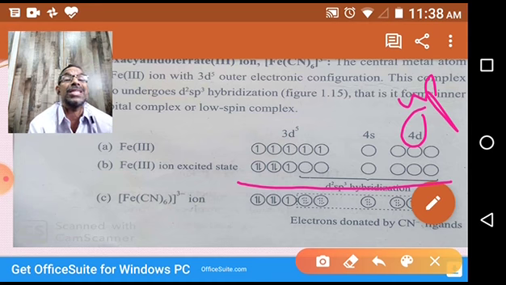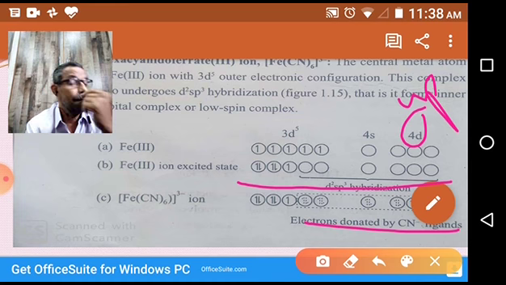This is the coordination number. That's why we call the coordination number 6. The number of secondary valencies is nothing but the coordination number of that complex in coordination compounds. So the 6 orbitals gain 6 electron pairs from the 6 ligands.